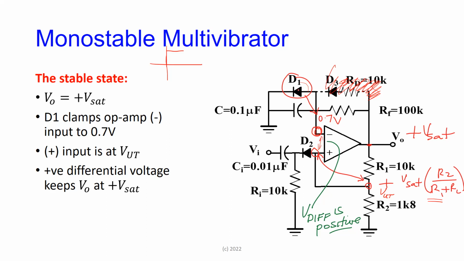The diode here is preventing that. Here is at V upper threshold, whatever that is, and the diode is keeping here at 0.7. So the op-amp is churning out current, trying to correct that all the time, and it can't. Because of that, the non-inverting terminal is more positive than the inverting terminal, so the output stays at V saturated all the time. Following that? Everybody seeing that?